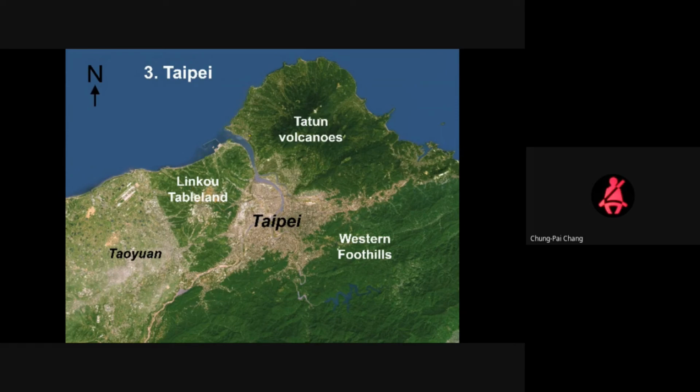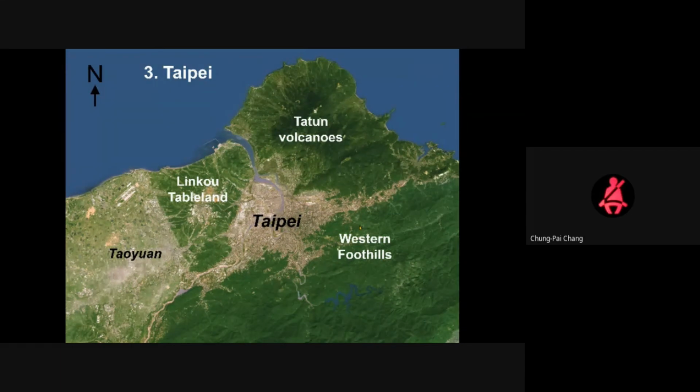So this is maybe a fault. We call it the Sanjiao fault. There is another fault, and there may be another fault. We don't know. But since we can observe only deformation in the basin, we cannot reveal the real deformation between the mountain and the basin.